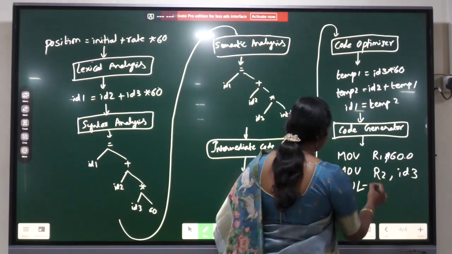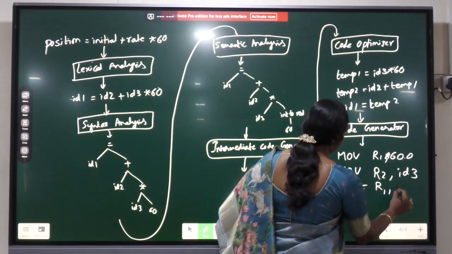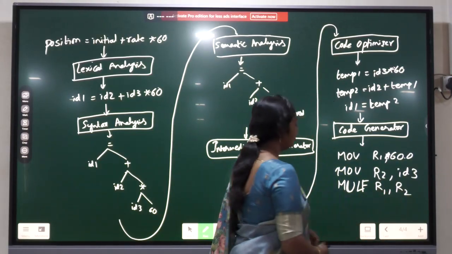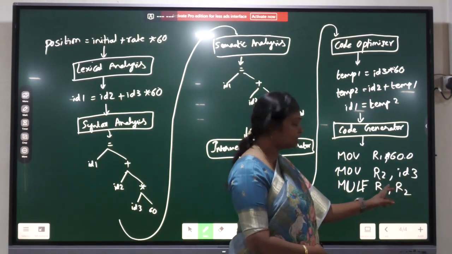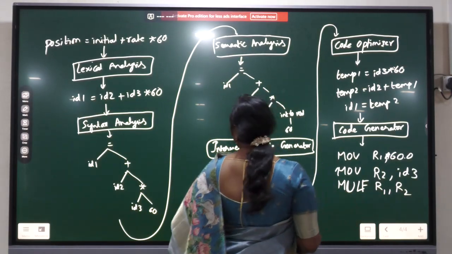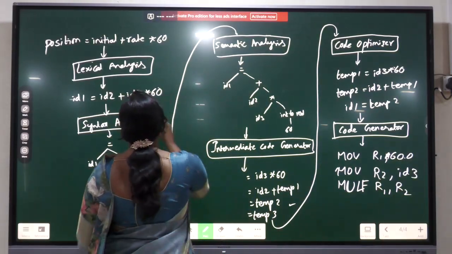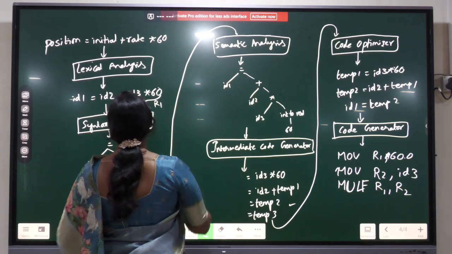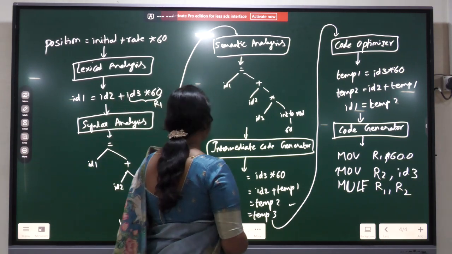We need to multiply R1 and R2, and the result will be stored in R1. So now the result is in R1. Next you need to add it with ID2.